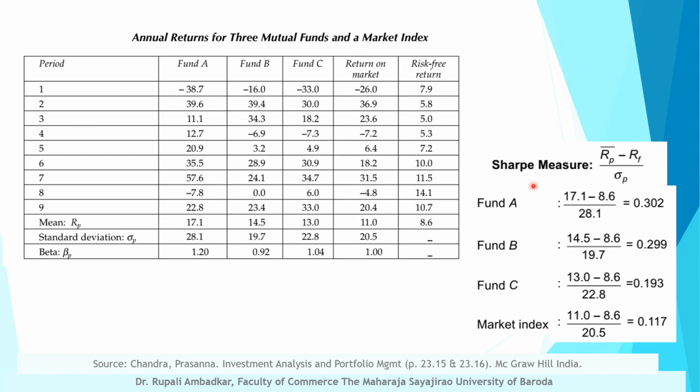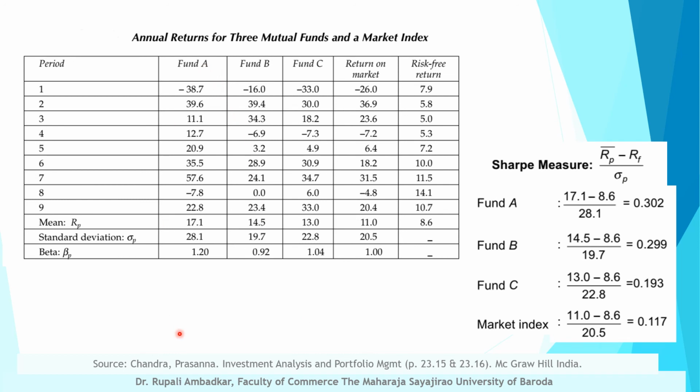To calculate the Sharpe measure, we have to find out the difference between the average rate of return on the particular portfolio and the average risk-free rate of return, divided by the standard deviation of that particular portfolio.